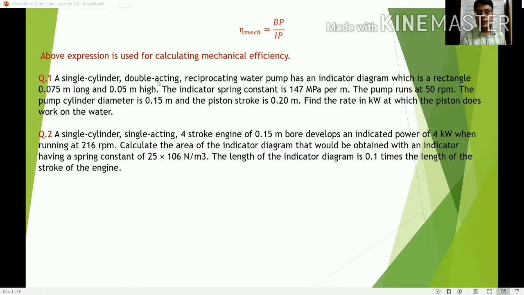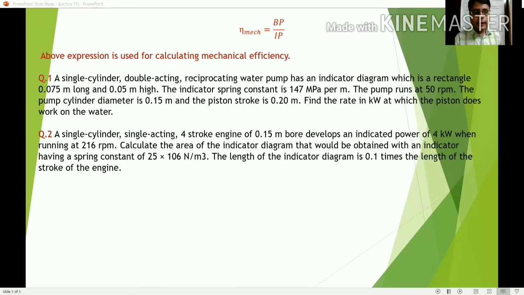Double acting means forward and backward, both strokes are power producing. So that's why if there are N strokes, then you have to multiply by 2, because it is double acting. In the forward stroke and backward stroke, both produce power.